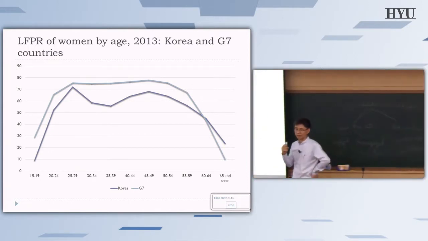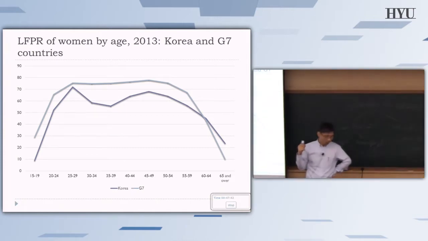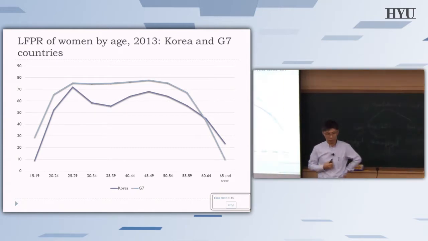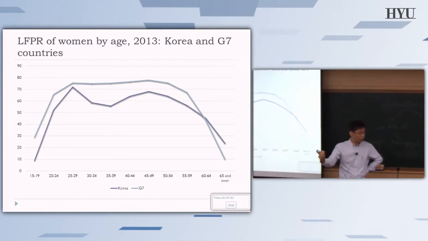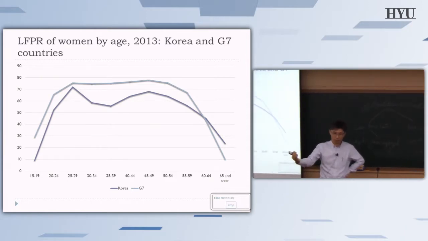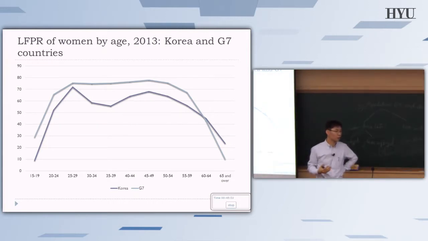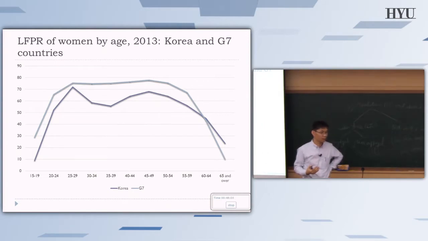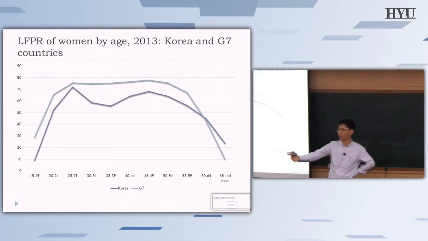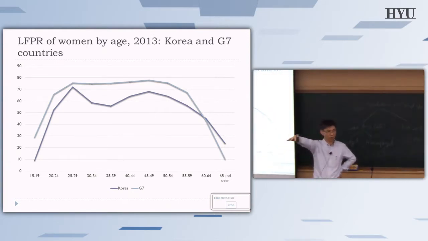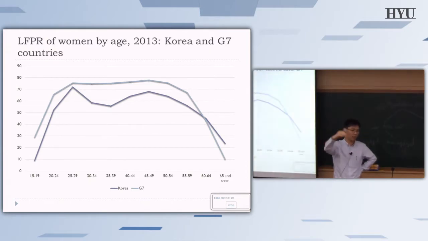Another thing is for the women themselves. When they drop out of the labor force and stay out of it for 5 to 10 years, when they get back to the labor force, what happens to their jobs? They cannot find a job as good as their previous job. It would be extremely difficult to get the same quality of job and pay as 10 years ago.